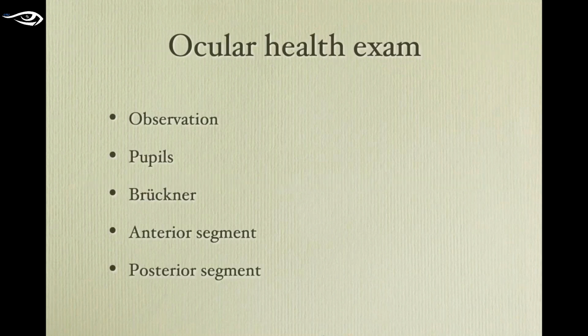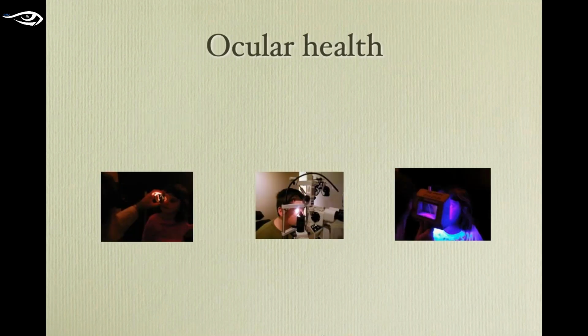Ocular health exam, observation again. You've done pupils, you've done Brückner, you look at the anterior segment and the posterior segment. I look with lights and then I do ophthalmoscopy to the degree that I can. And then I always do binocular indirect ophthalmoscopy. I don't believe that you can do a thorough ocular health examination without doing binocular indirect ophthalmoscopy.